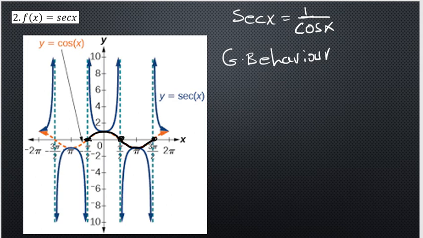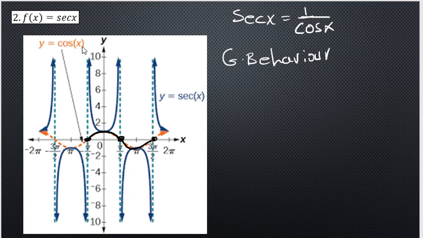So where the cosine is a downward parabola, the secant will be upward. And when the cosine is an upward parabola, the secant graph will be a downward parabola. But in those intervals, like the one between pi over 2 and 3 pi over 2, there will be asymptotes here, because the zero points of cosine are undefined points for secant.